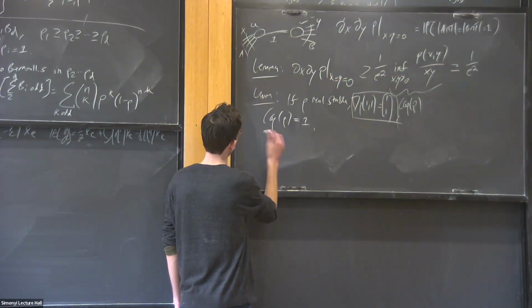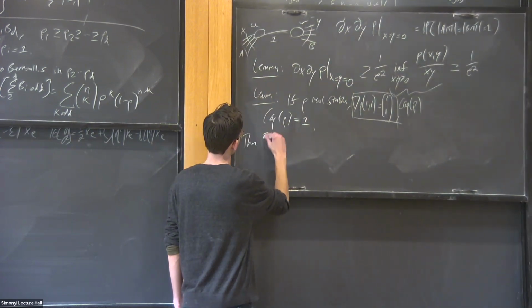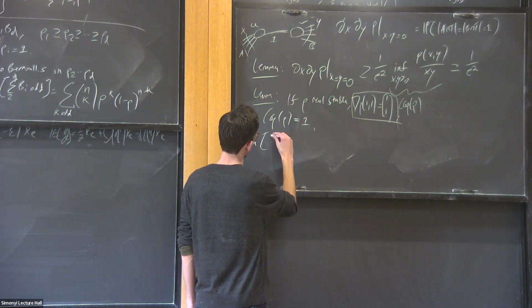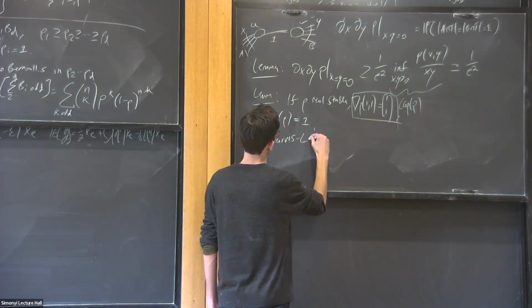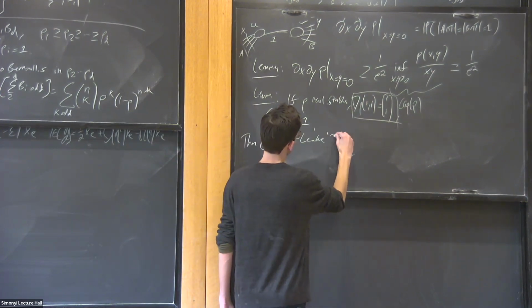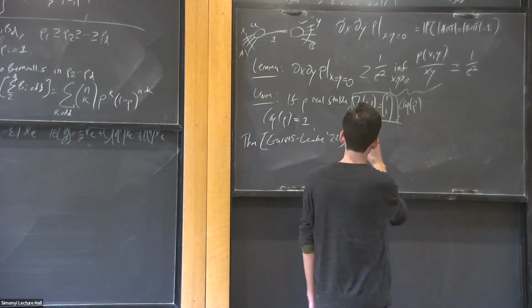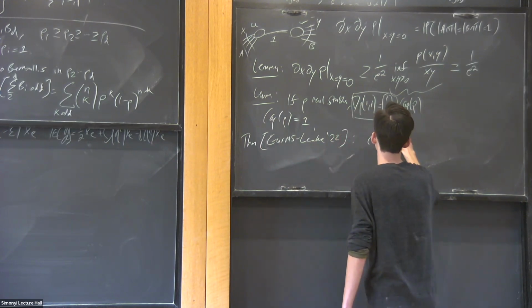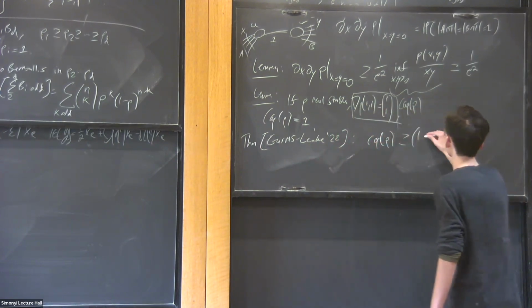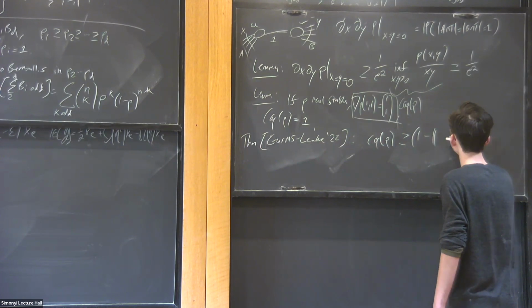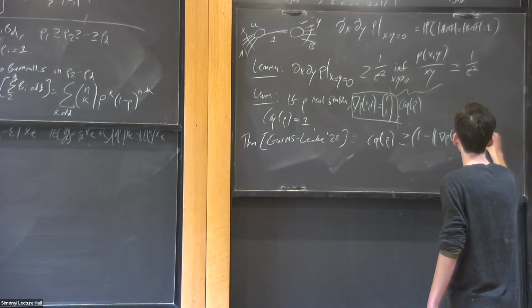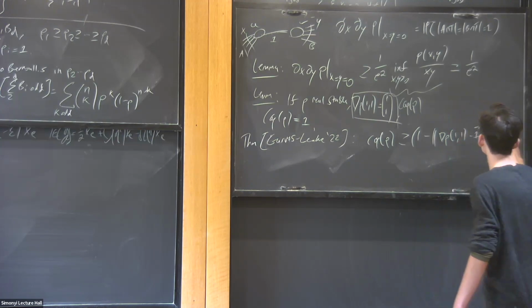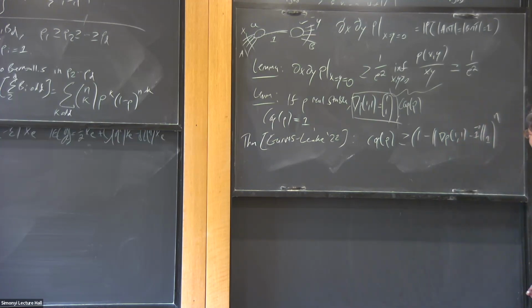Actually this first appeared in an earlier work, Gurvits and Leake, in '22. They proved that the capacity of P is at least 1 minus the L1 norm of the gradient of P at (1, 1) minus the all 1's vector, to the n.